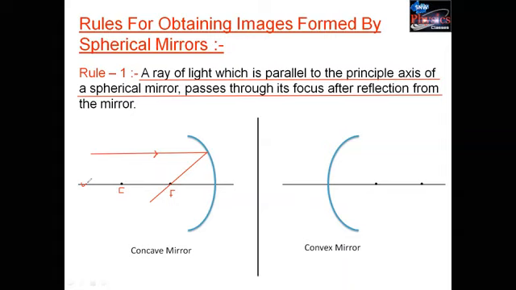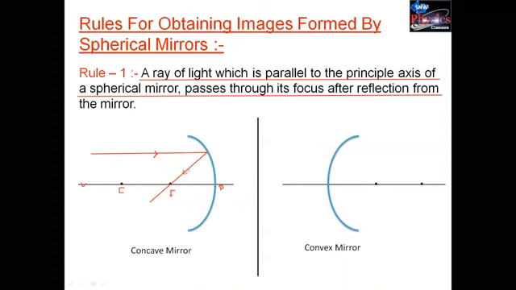Please go on the I button to look at the previous video to understand what is center of curvature, focus, principal axis, pole, and every term related to spherical mirror. This one is the pole, this is center of curvature C, F is the focus. Then what the rule is saying: a ray of light which is parallel to the principal axis of a spherical mirror passes through its focus after reflection from the mirror.